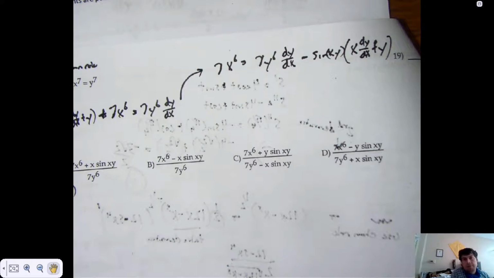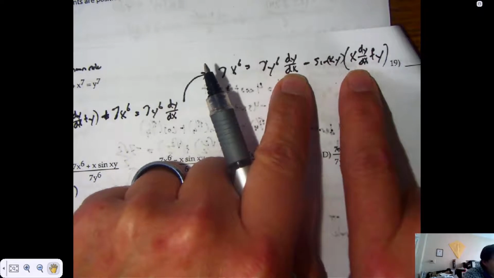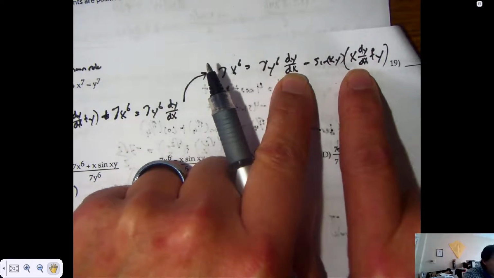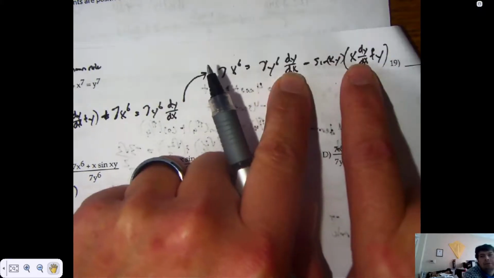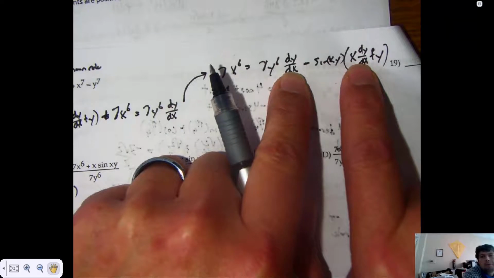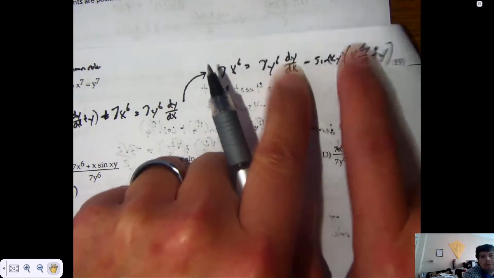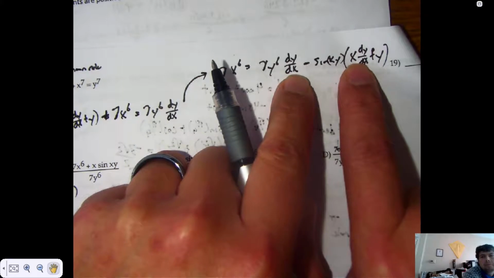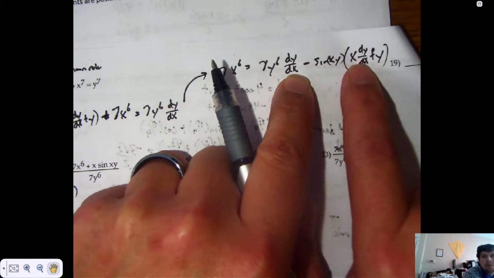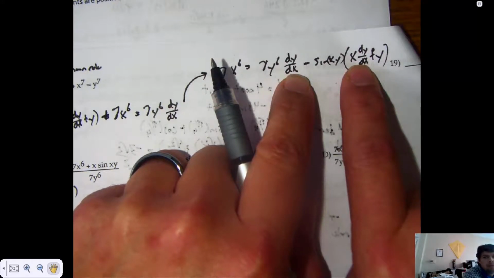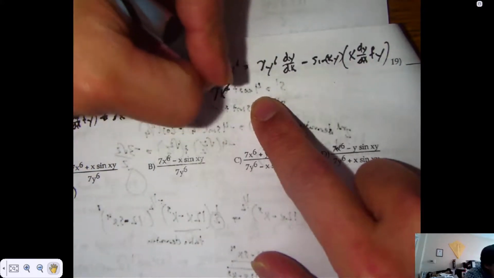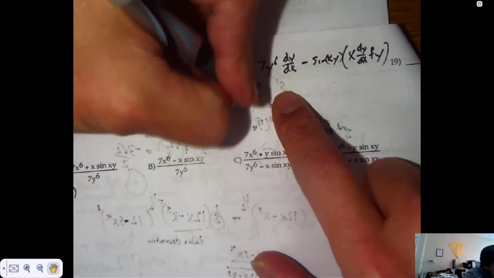You're going to have to invoke the distributive property here. Anything you can do about it before you can pull this, let me think about this. You do not have to invoke the distributive property. This can be pulled as it's written. If you think about this all as one piece, it contains an x dy dx. And you can pull it. It ain't going to break anything. Or you can pull the dy dx piece out. So I'm going to pull that dy dx. 7x to the 6th equals dy dx.